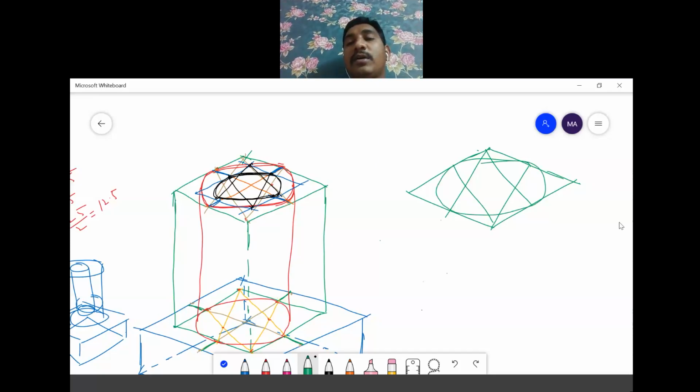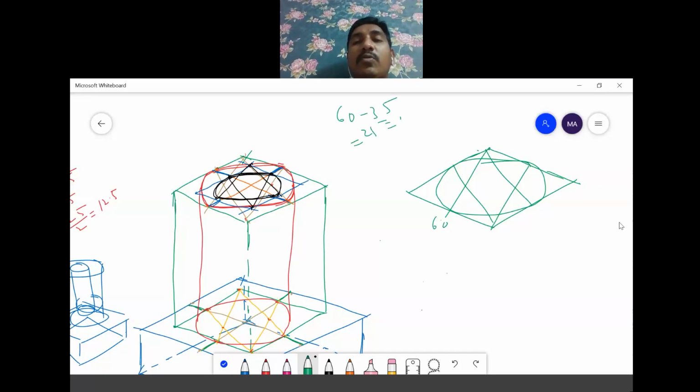After that, this total side is 60. So I am reducing 60 minus 35. It is 25. That is 25 by 2, that is 12.5 mm. So I am marking the midpoints. Already I have midpoints here.